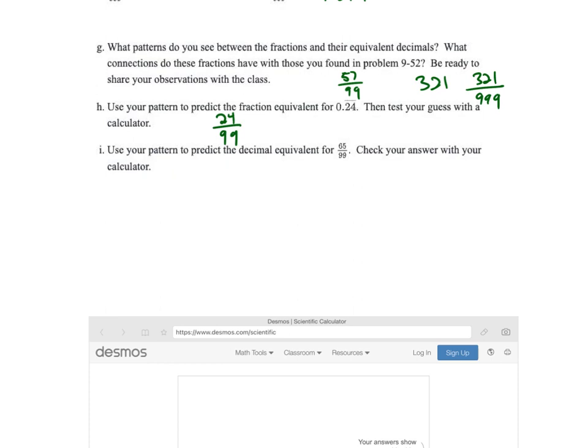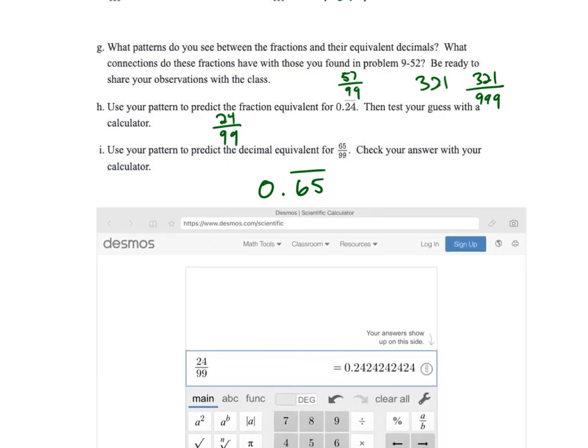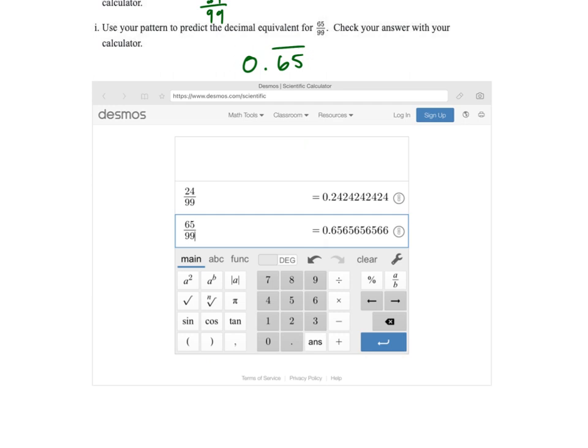Now it says use your pattern to go the other way. What's the decimal equivalent for 65 over 99? Well, that should be 0.65 repeating. We're going to check that with the calculator by plugging that in. When I put 65 over 99, there it is, 0.65 repeating.